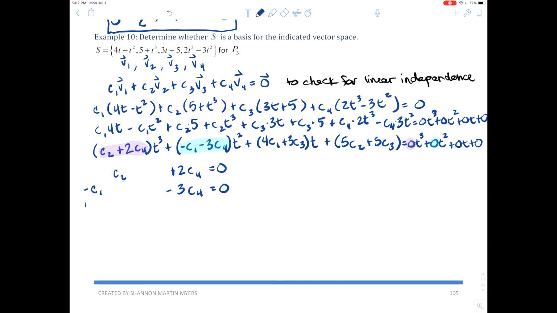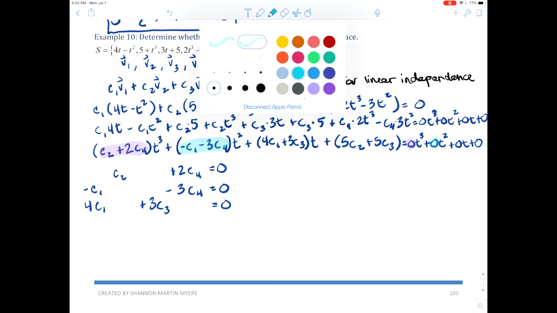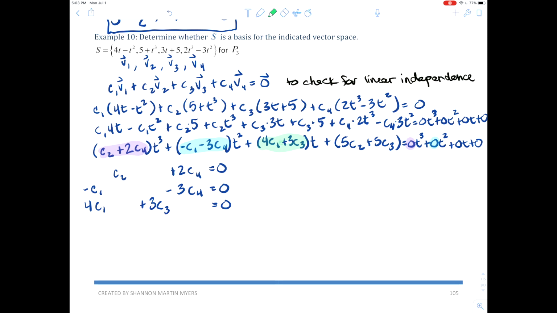And then we'll have 4C1 plus 3C3 equal to 0, and that's from equating this expression equal to 0.